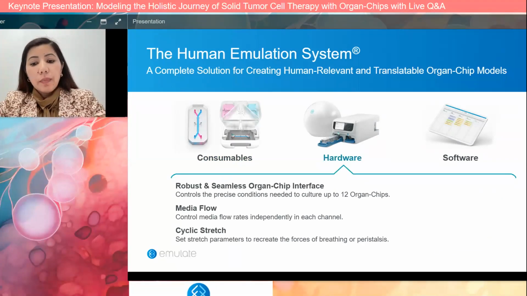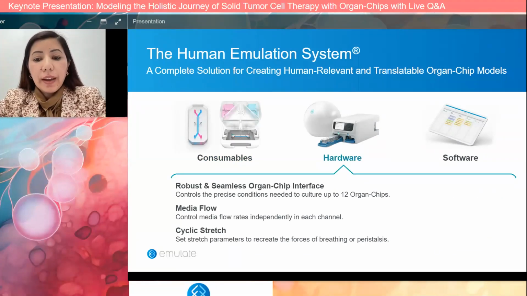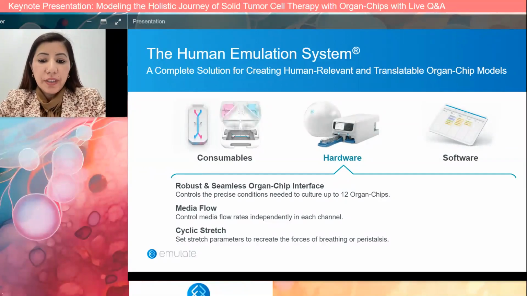Now, let's have a look at the hardware. The hardware provides a robust and seamless organ chip interface and can house up to 12 organ chips. It allows the user to set their own flow rates and cyclic stretch as needed.